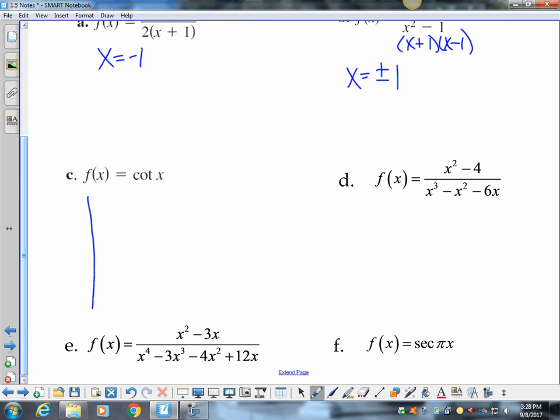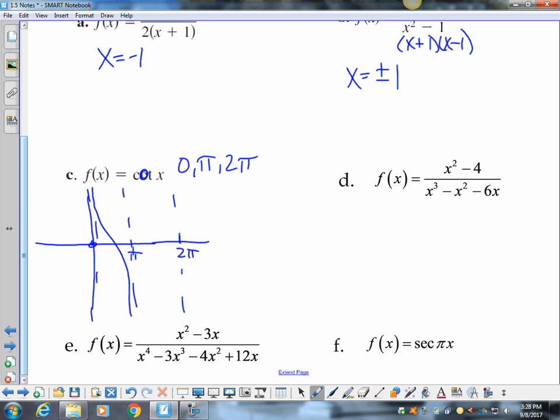Cotangent. We can remember cotangent. Remember the cotangent has asymptotes at 0, pi, and 2 pi. And cotangent wiggles the opposite of tangent, so it wiggles down. And it keeps going. So it has tons of asymptotes. In fact, an infinite number of asymptotes.